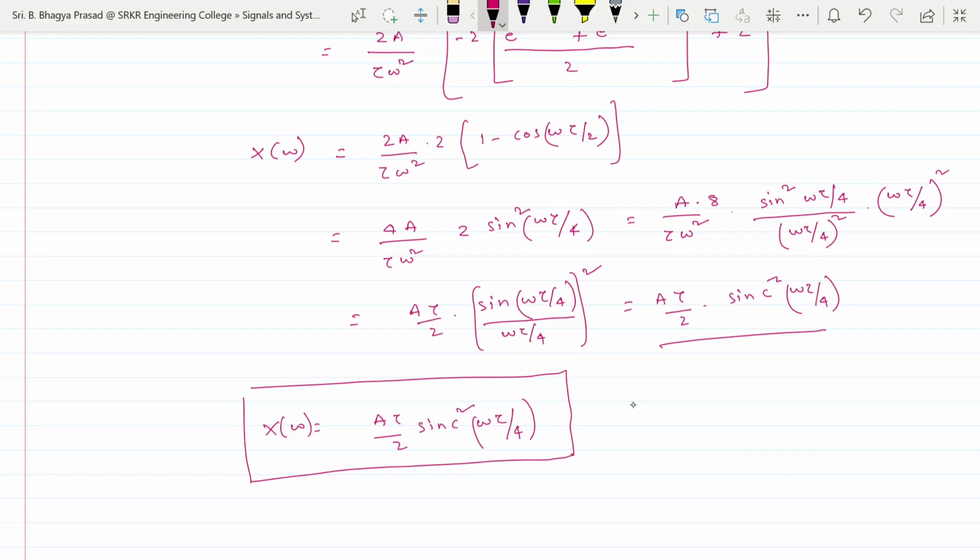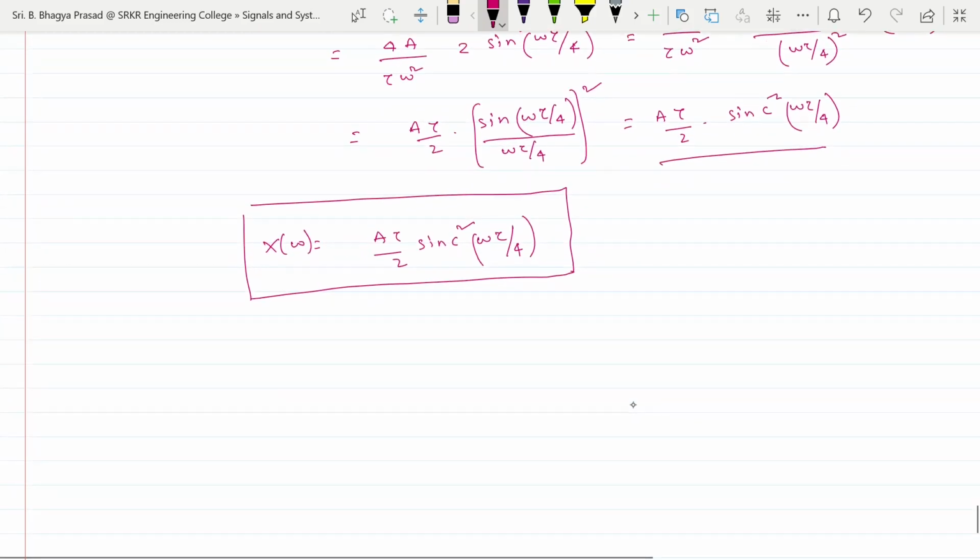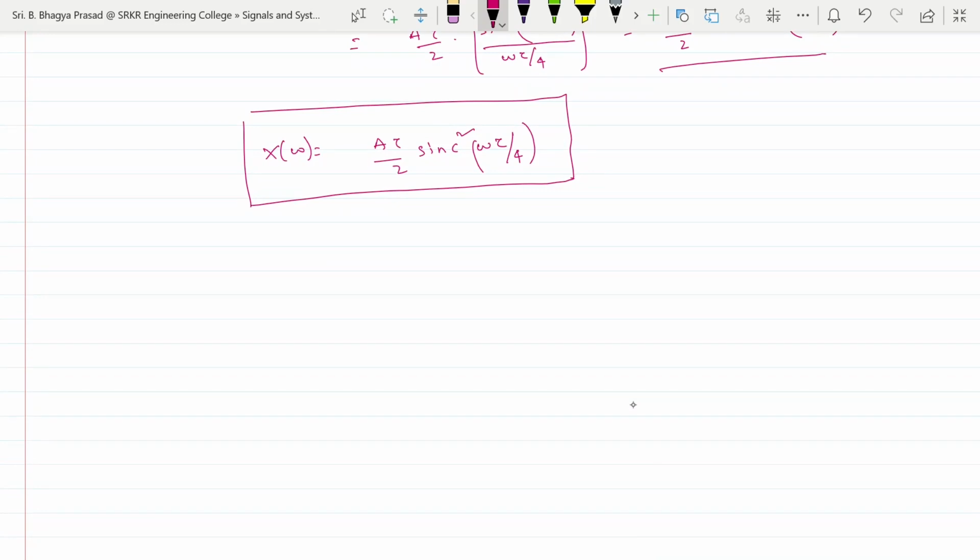So we can see for a rectangular pulse, a square pulse, the Fourier transform will be a sinc function. For a triangle, the Fourier transform will be a sinc square function. By using this property you can easily find the Fourier transform of a pulse and triangle using the time differentiation property.